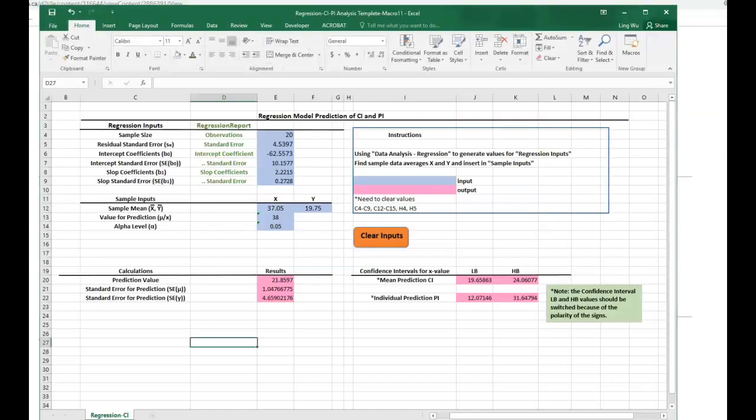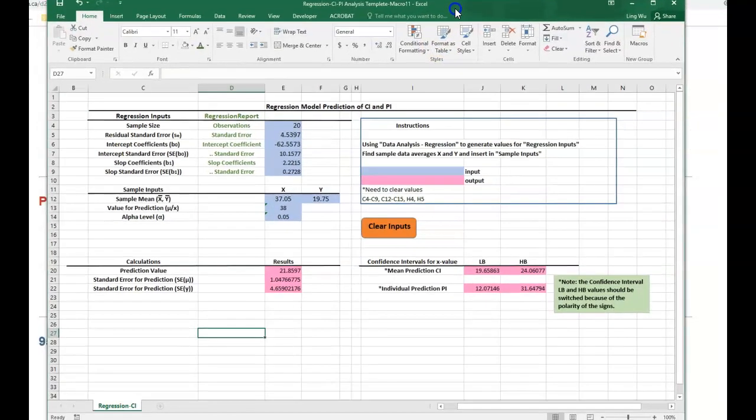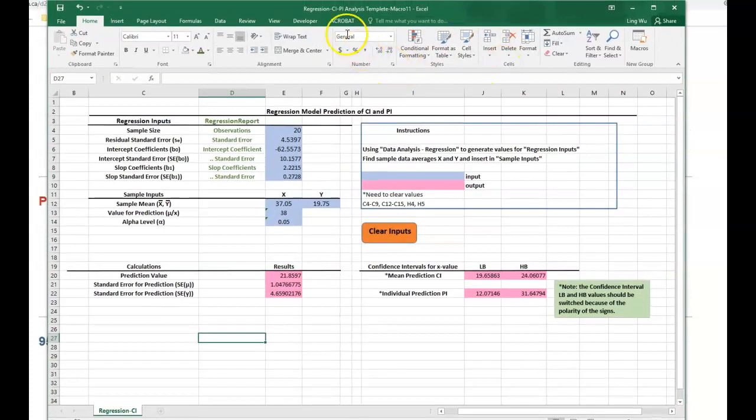So let's take a look at the template, called the regression confidence interval and prediction interval analysis template. It requires several values that you need to fill in.